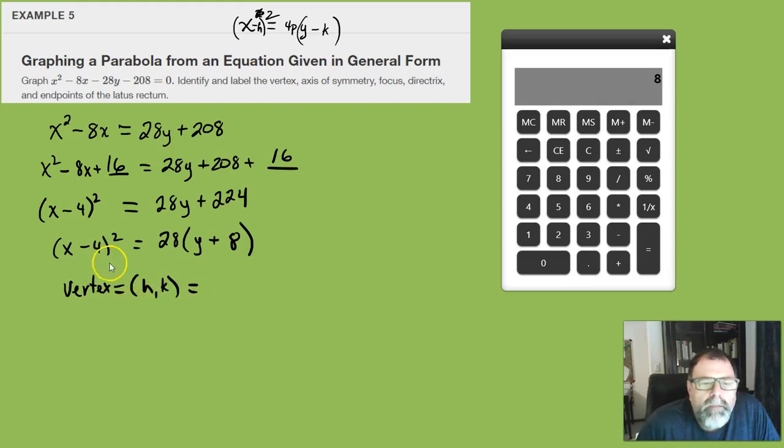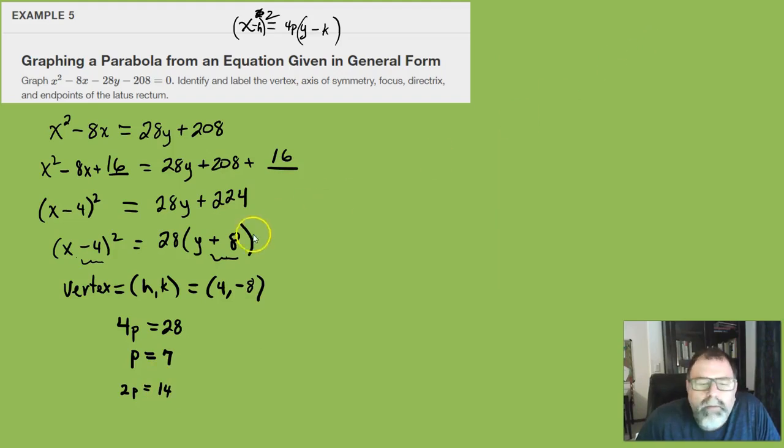So that will be equal to, you switch the sign, 4, switch the sign, minus 8, x is with x, y is with y. Gotta keep that in mind too. 4p is equal to 28. Divide both sides by 4, so that's 7. And we also need to know what 2p is for our latus rectum, so 2p is 14. All right, now we're ready to graph.